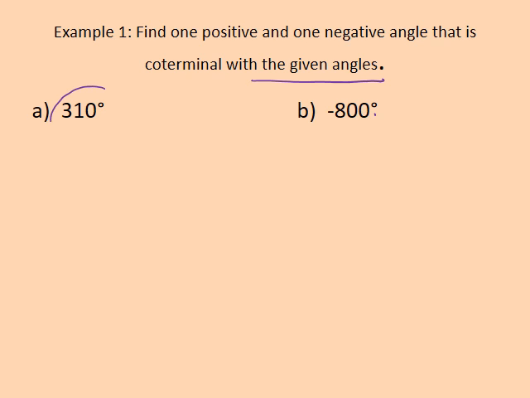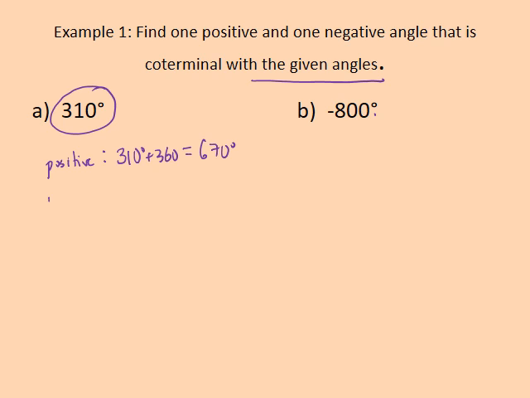So if our given angle is 310 and we want to find a positive coterminal angle, we take 310 degrees and we add 360 to it. 310 plus 360 is 670 degrees.